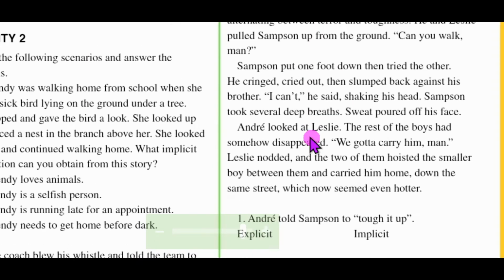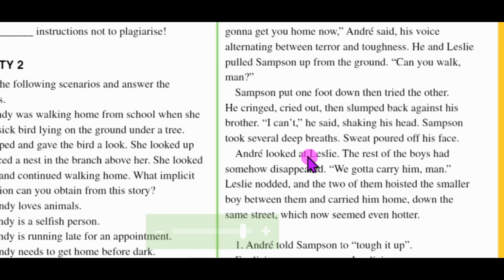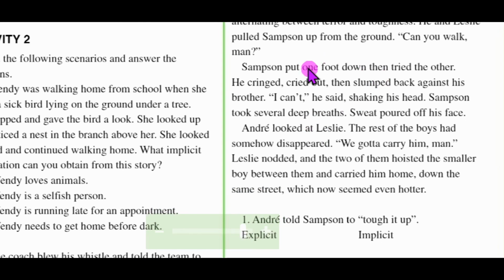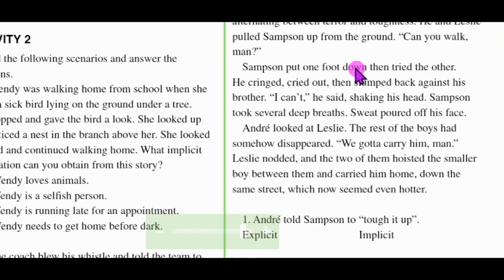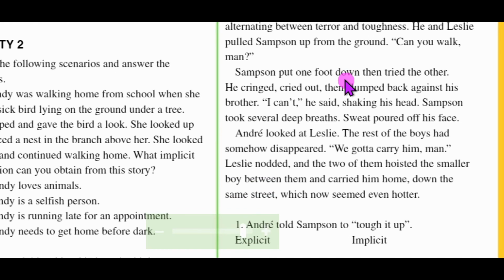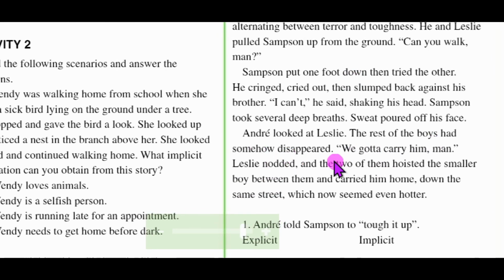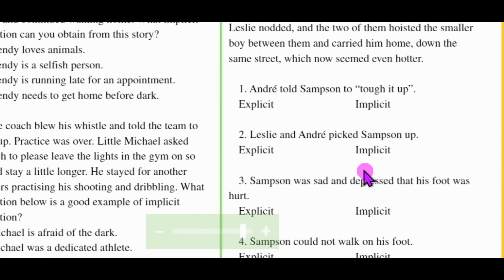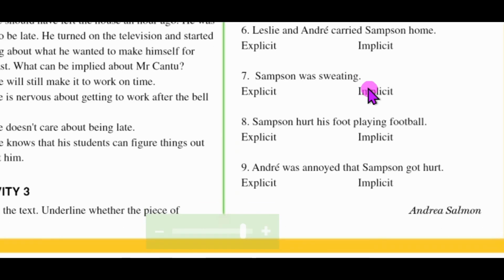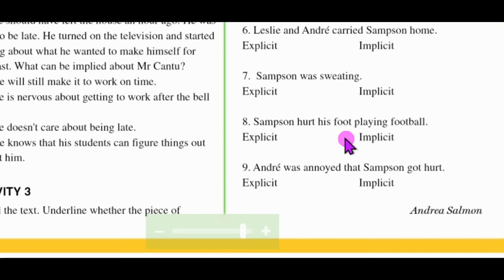It could have been some other game involving multiple boys, and the only evidence we have that it's a group game is that the other boys had somehow disappeared. It says here the rest of the boys had disappeared, so it was a team game. So it wasn't something that they were playing individually, but a team sport. And football is a team sport, so it could be football, but that was not stated directly, so that's implied.